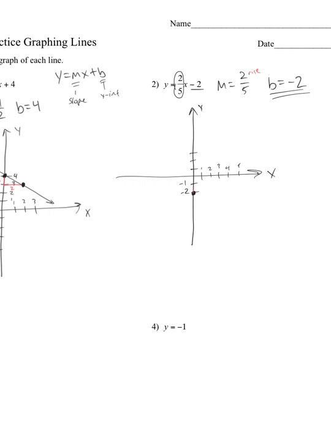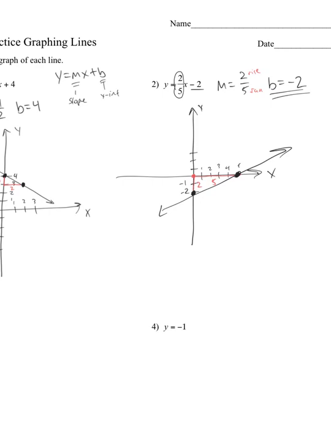From my point, I'm going up 2 units, and then I need to run 5 units to the right. So again, up 2 units, right 5 units. So these are my 2 points on my line. Okay.